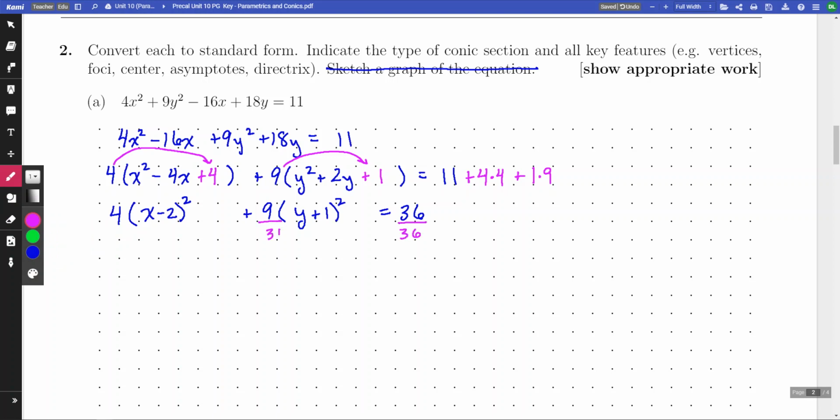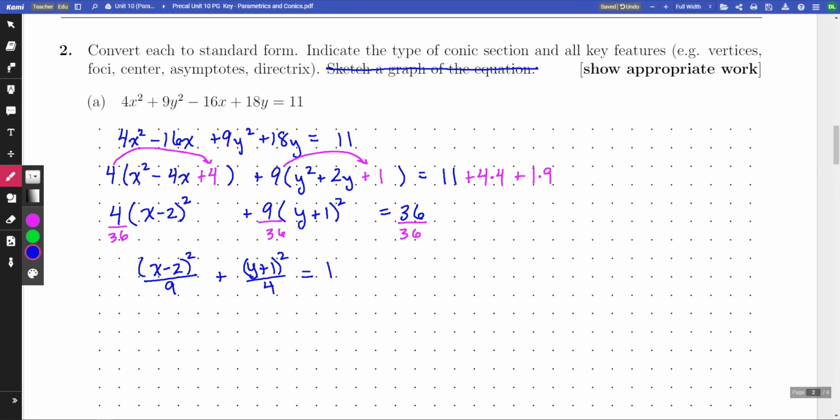That's going to get me to my standard form, which is x minus 2 quantity squared all over 9 plus y plus 1 quantity squared all over 4 equals 1. So there's my standard form.